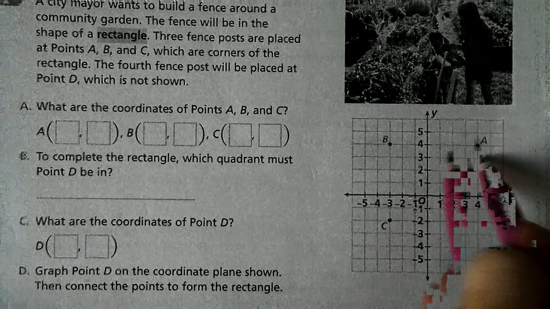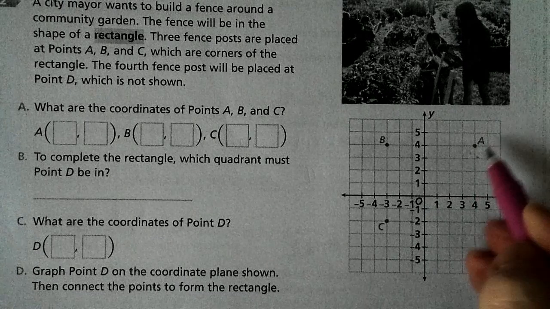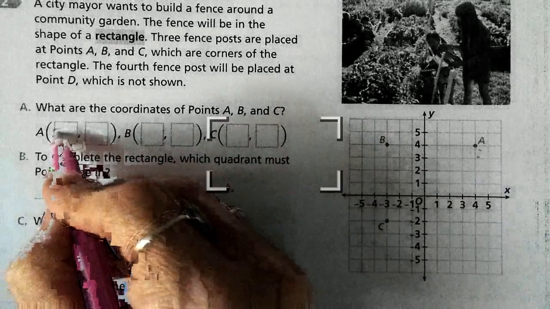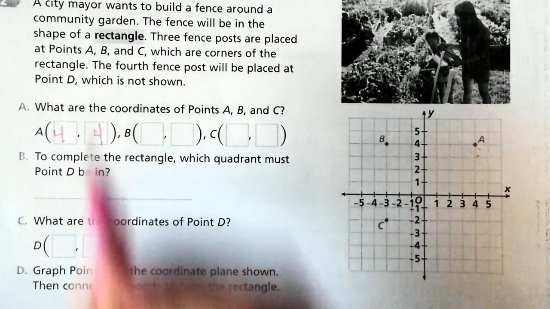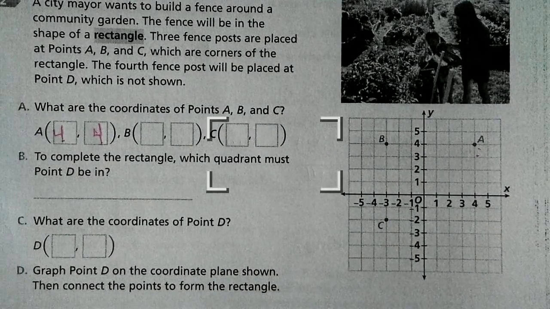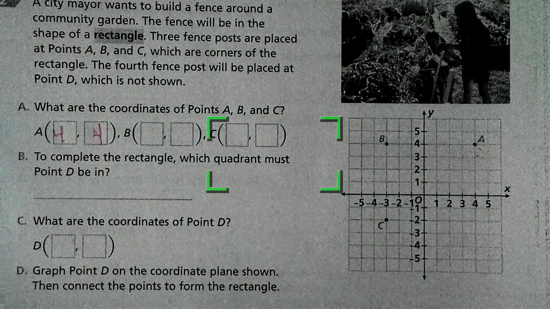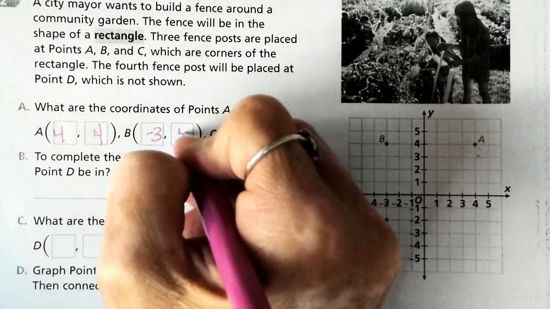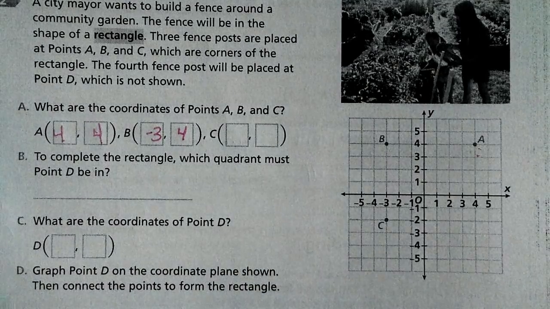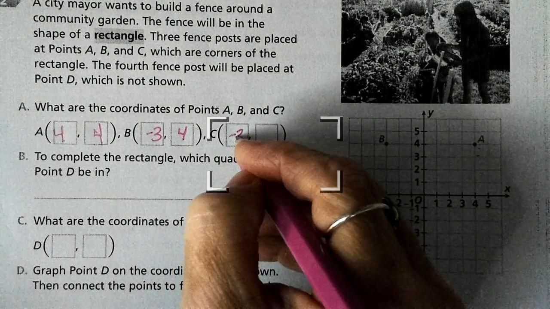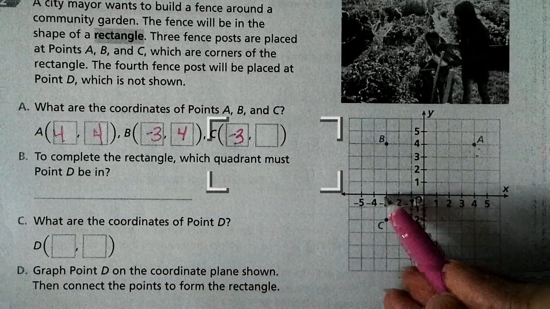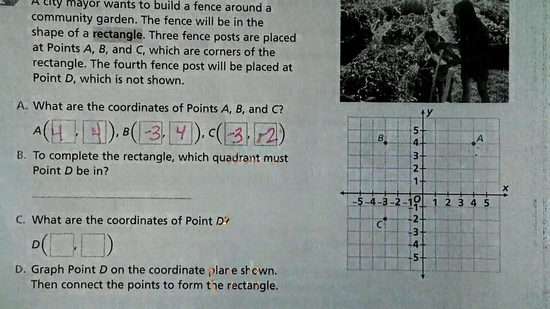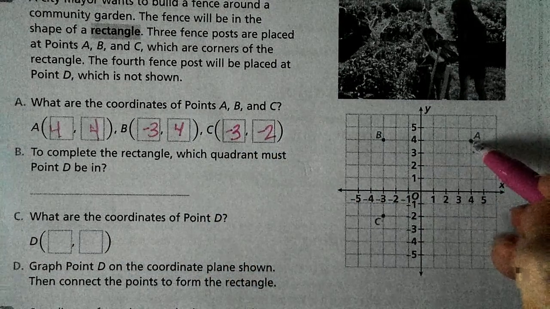All right, so point A is where? What is my coordinate pair for A? 4 for the x-axis and 4 for the y-axis. Yep, so (4, 4). What about B? (-3, 4). Yep. And what about C? C is at (-3, -2). Yes. All right, so where should we put D?